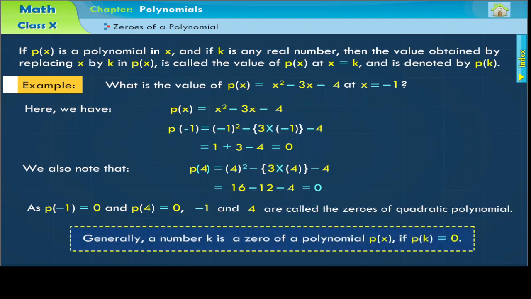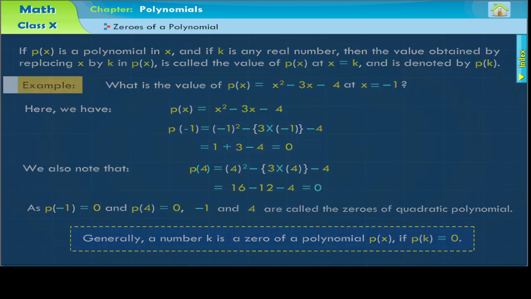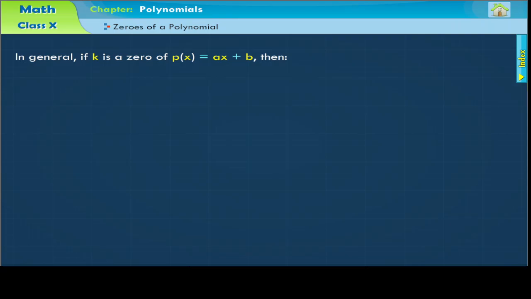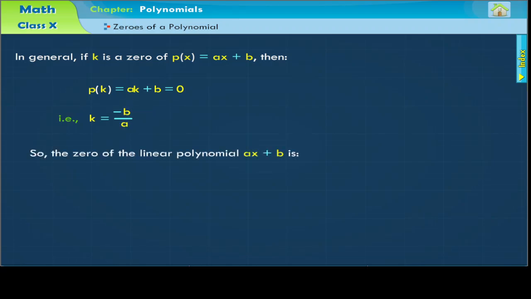Generally, a number k is a zero of a polynomial p of x if p of k is equal to 0. In general, if k is a zero of p of x equal to ax plus b, then the zero of the linear polynomial ax plus b is given by its coefficients.